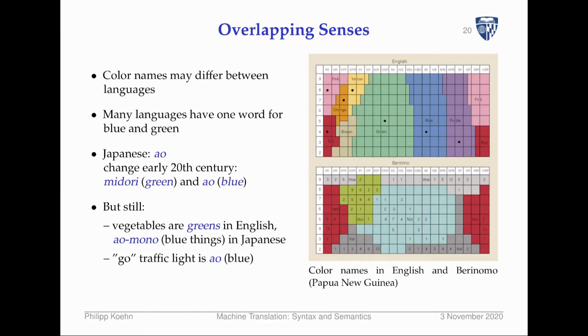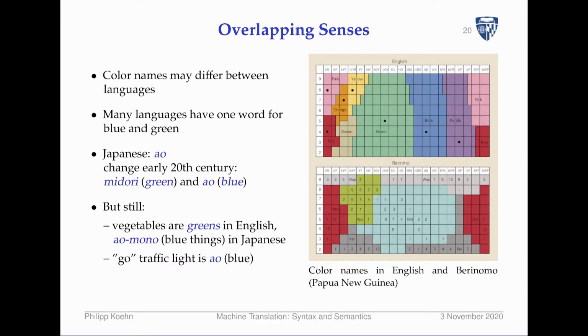Here's another great example for different senses, names of colors. So obviously the color spectrum is a continuum, and what range in the continuum gets which name is pretty arbitrary. There's no really hard rule why a language should have certain color distinctions.